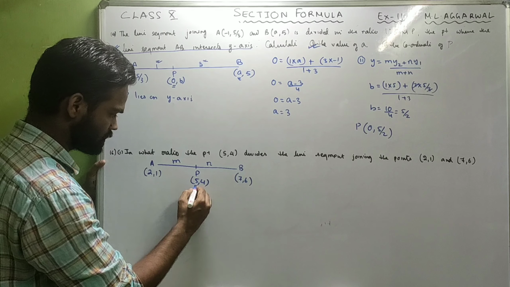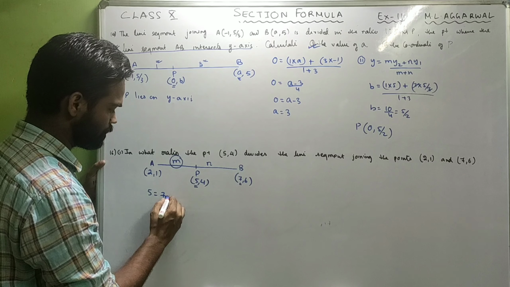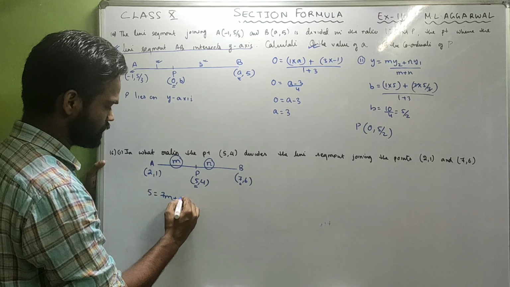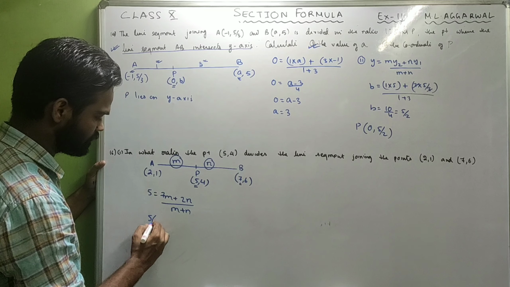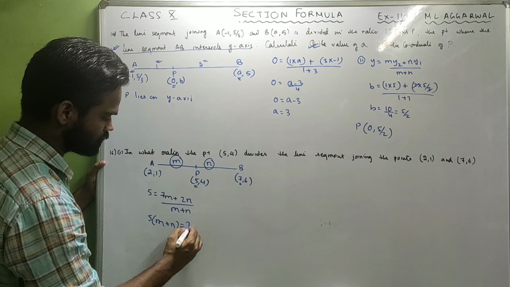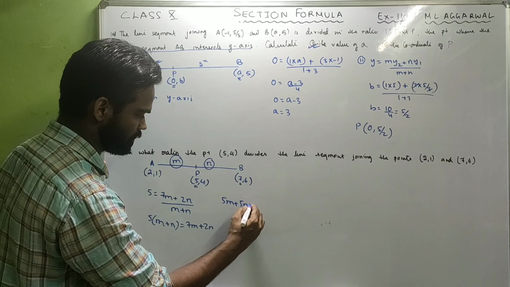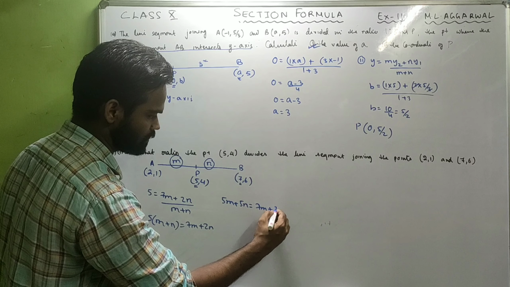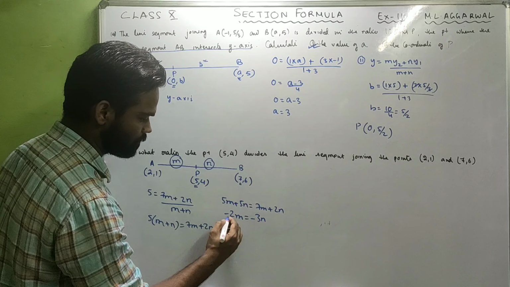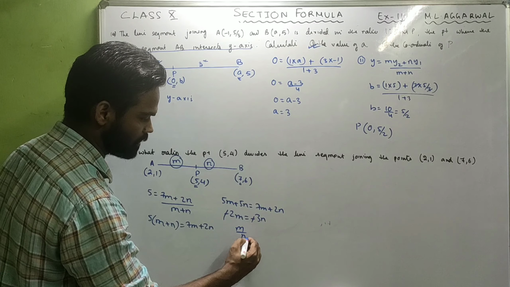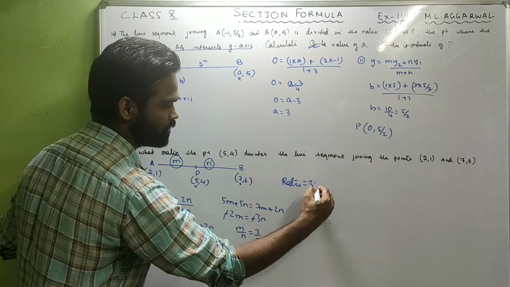Very simple. See, x equals mx2, that's 7m, plus nx1, that's 2n, by m plus n, which means 5 times m plus n equals 7m plus 2n, which means 5m plus 5n equals 7m plus 2n, which means minus 2m equals minus 3n, which means m by n equals 3 by 2, which means your required ratio is nothing but 3:2.